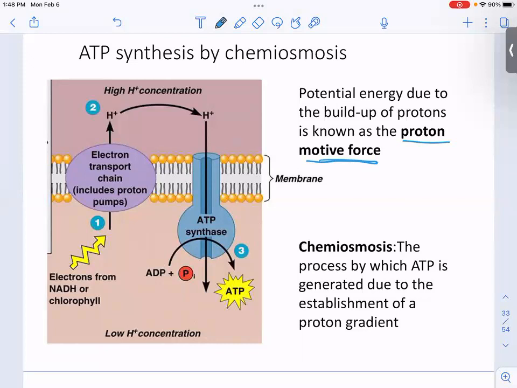We call that the proton motive force. And when it diffuses in down the concentration gradient, we call that chemiosmosis. That causes the phosphorylation of ADP to ATP. So those two terms, chemiosmosis and proton motive force, are kind of confusing. Basically, because there's this potential energy, this proton motive force, then chemiosmosis happens.